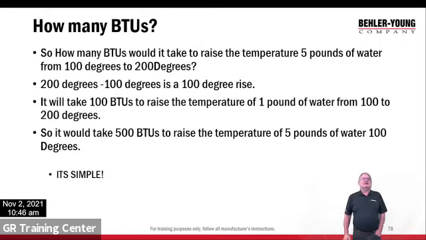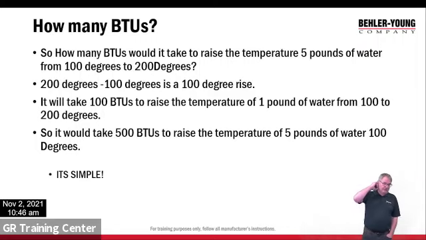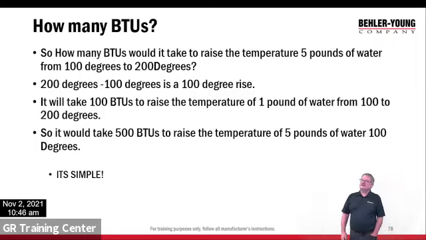Okay. So how many BTUs would it take to raise the temperature of 5 pounds of water 100 degrees? So if I got 100 degree water and I have 5 pounds of water, which is about 3/4 of a gallon, how many BTUs would it take to take it from 100 to 200? So 500 BTUs to raise that temperature.